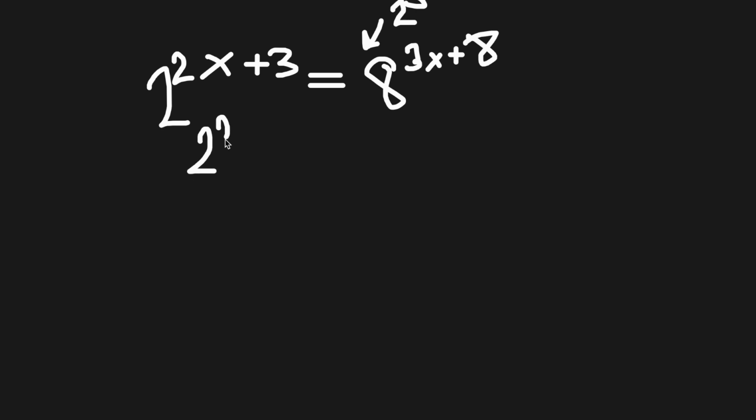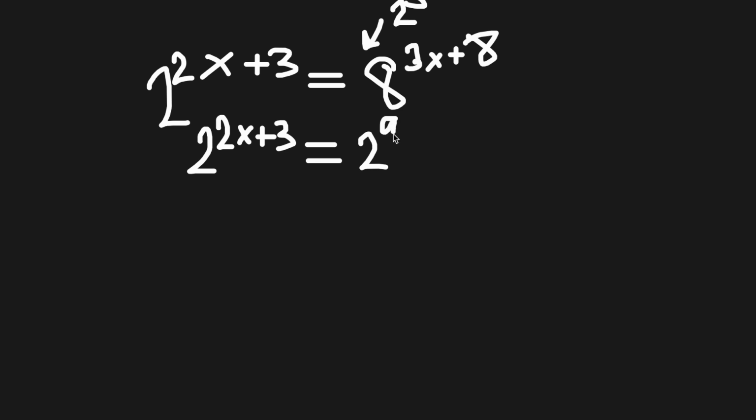So 2 to the power of 2x plus 3, and then we multiply the 3 times 3, 9x, and 3 times 8, 24.